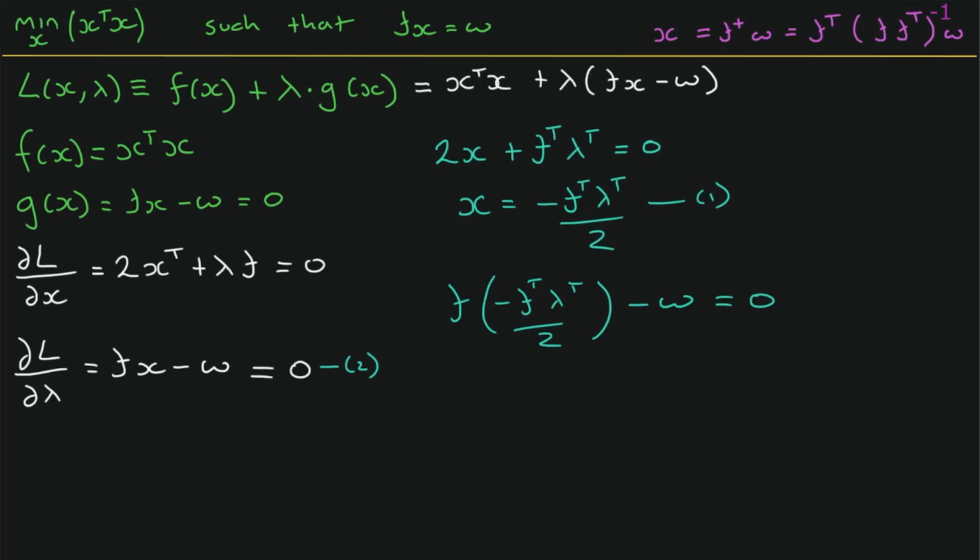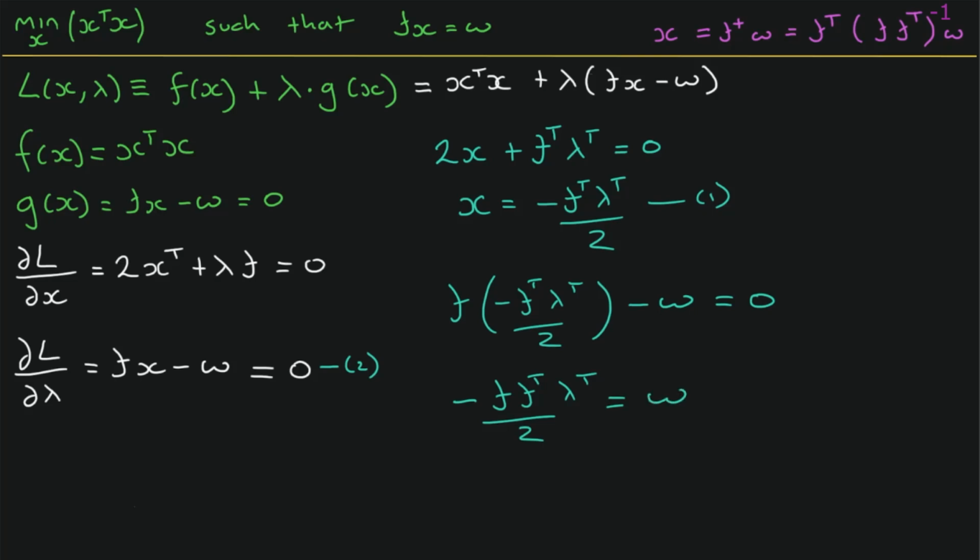We can rearrange everything now, and we'll add W to both sides. So the minus comes out, and we get J times J transpose lambda T on 2 equals W.